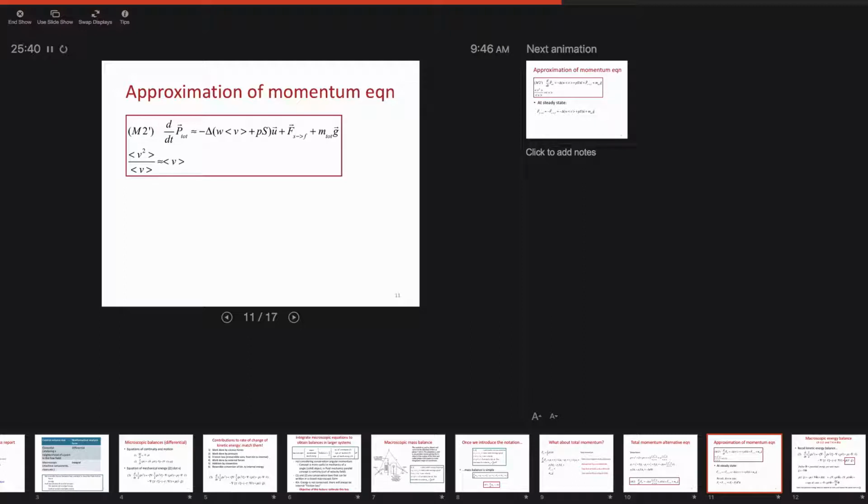Often this is done because I'm measuring velocity only at the inlets and outlets, and I'm measuring average velocity, so there's no way to know the average V squared everywhere. So at steady state, when I don't have changes in time, the force of the solid on the fluid, which is the negative of the force of fluid on solid, is equal to all this.